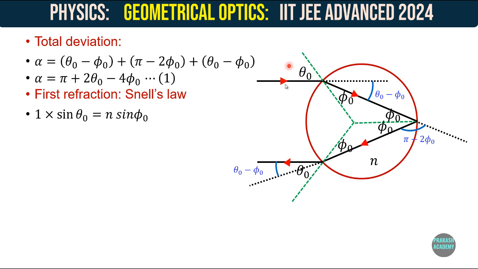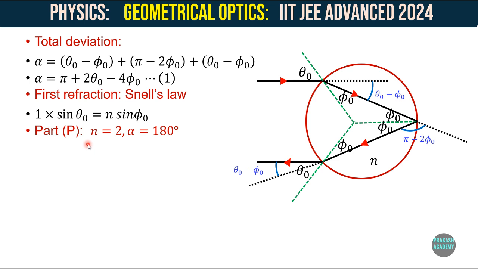In this case n1, that is refractive index, is 1 and angle of incidence is theta naught, so 1 times sin theta naught. And here the angle of refraction is phi naught and refractive index is n, so n times sin phi naught.